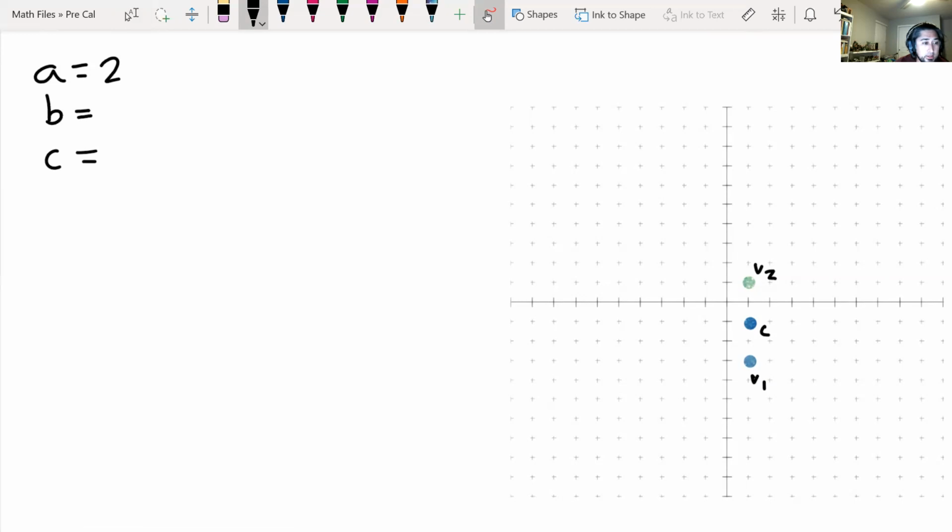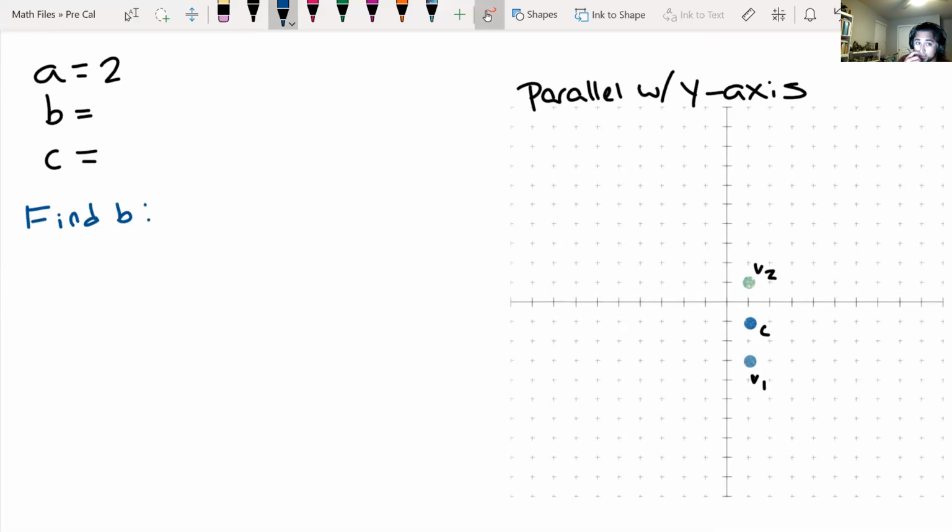Okay, so they're giving us that the asymptote is y plus 1 equals 3 halves times x minus 1. So this means we are parallel with the y-axis. You guys figured that out, right? Now we're going to find b using the asymptote formula again. If you're parallel to the x-axis, you have y equals plus or minus a over b, right?